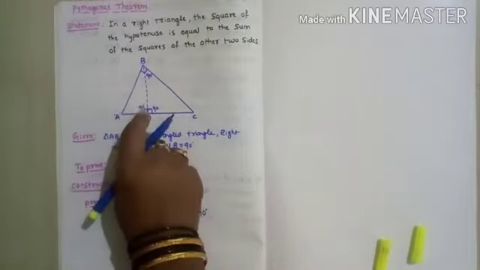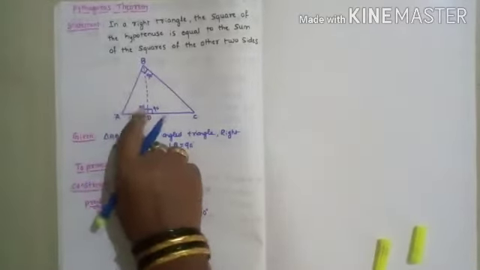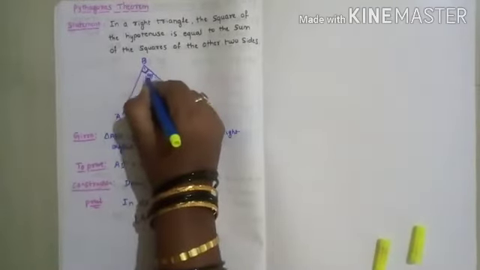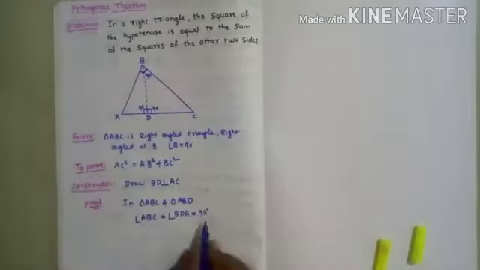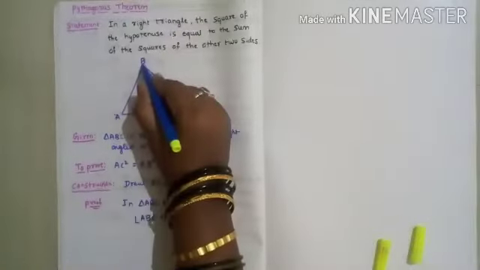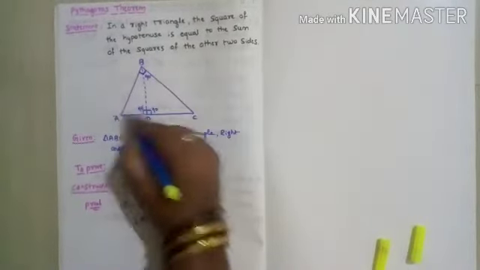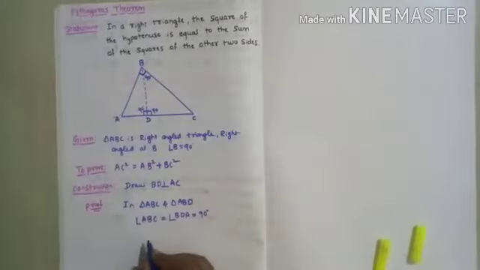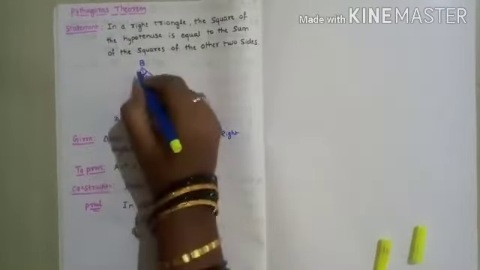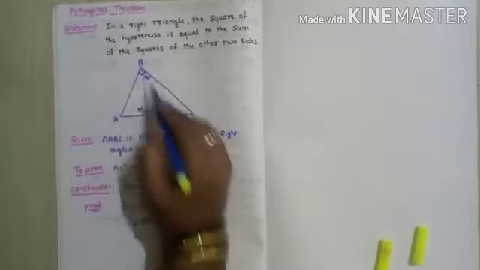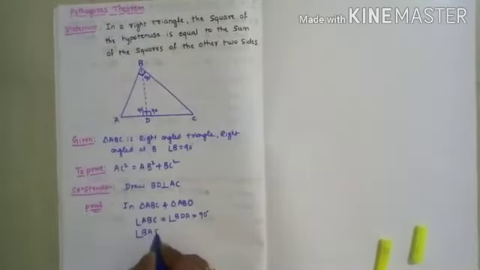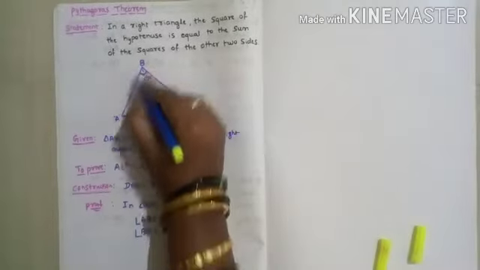Here in triangle ABD it is 90 degrees, and in triangle ABC here it is 90 degrees. One more: in triangle ABC, angle A is there, and in triangle ABD angle A is also there. So there is a common angle. So I can write angle BAC is equal to angle BAD.